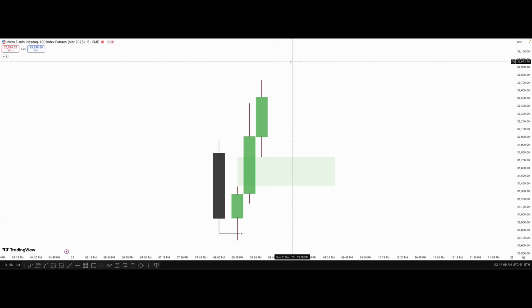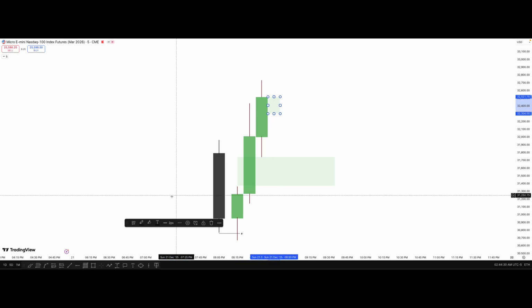Because the price cannot just go higher and higher and higher. It needs a fair value gap area, right? Which is a fair valuation of any price leg. If the price wants to come in discount, the price wants to go higher, right? So when the price goes up higher, it creates this.